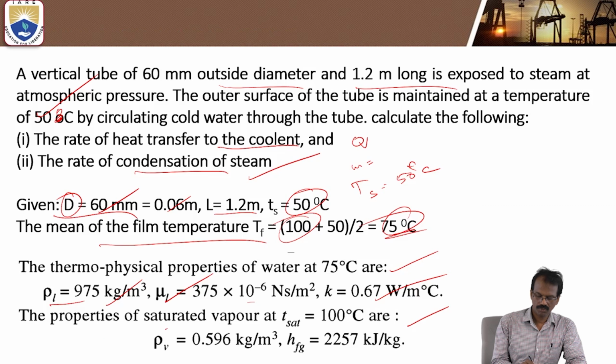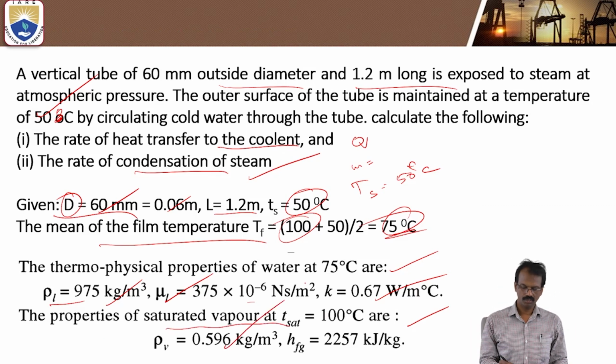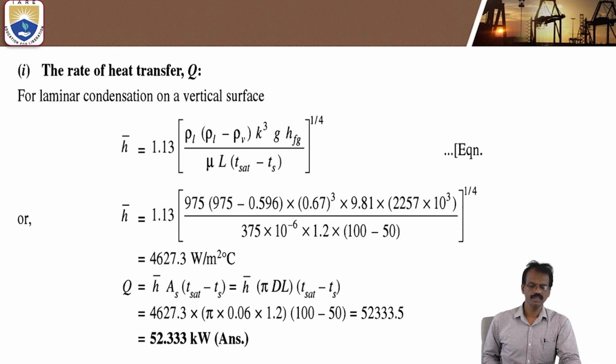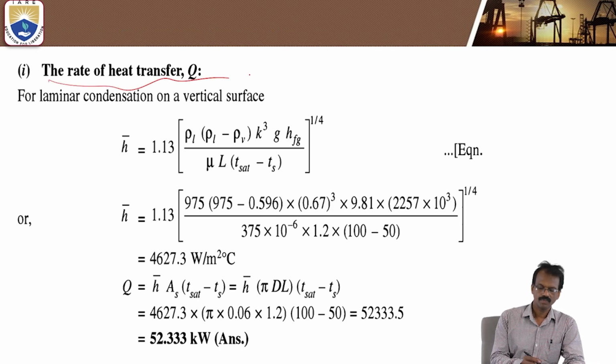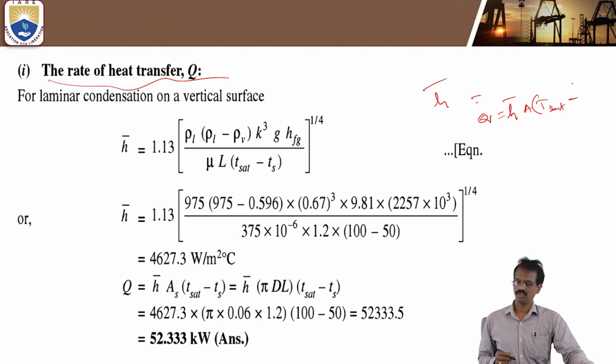Then the properties of saturated vapor: rho v density and enthalpy HFG. You can take these properties, and then solve for the rate of heat transfer. For this, you first have to find out h bar, because Q is equal to h bar into area into (T saturation minus T surface), because the vapor temperature is much higher than the surface temperature.